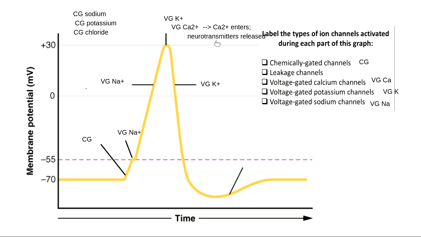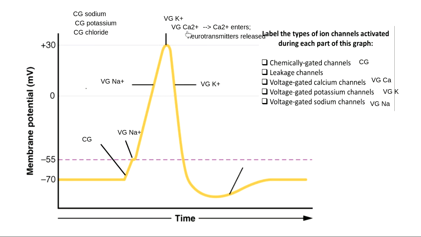So with these voltage-gated calcium channels, here's a note or an underline highlight star idea I want you to make for yourself about voltage-gated calcium channels. They have nothing to do with membrane charge. The ions that matter for membrane charge are potassium and sodium.